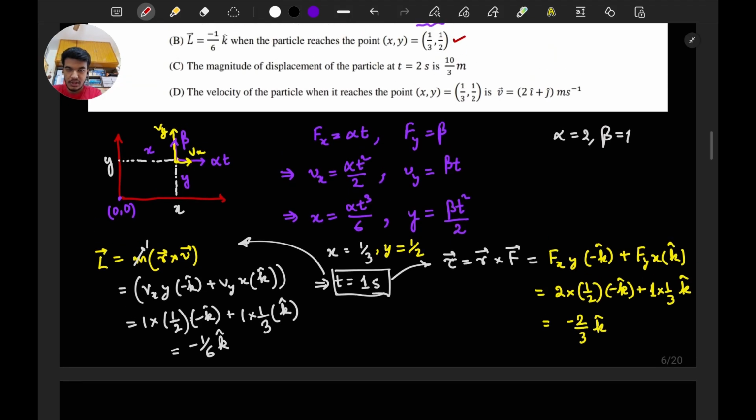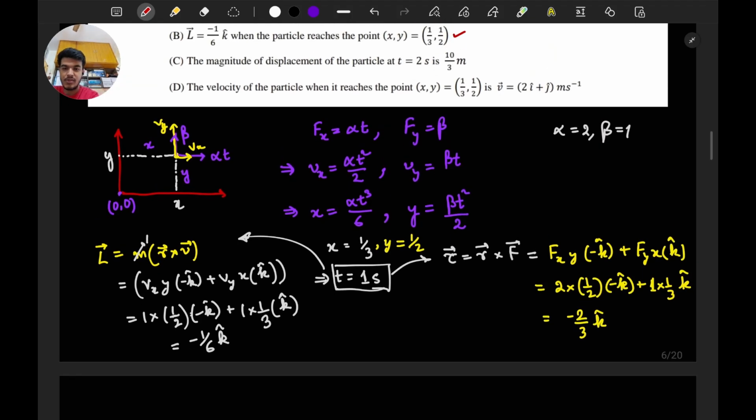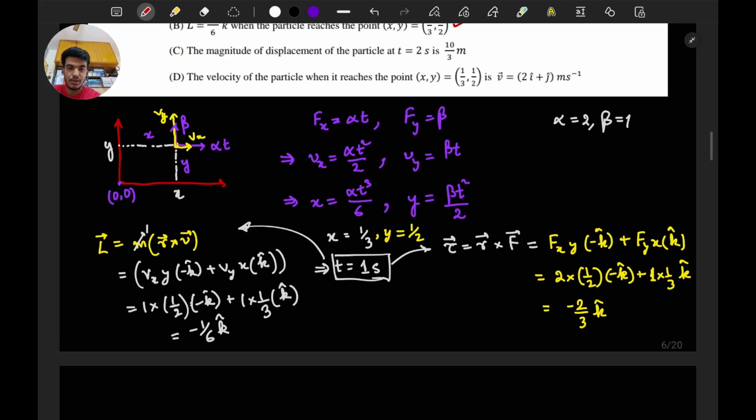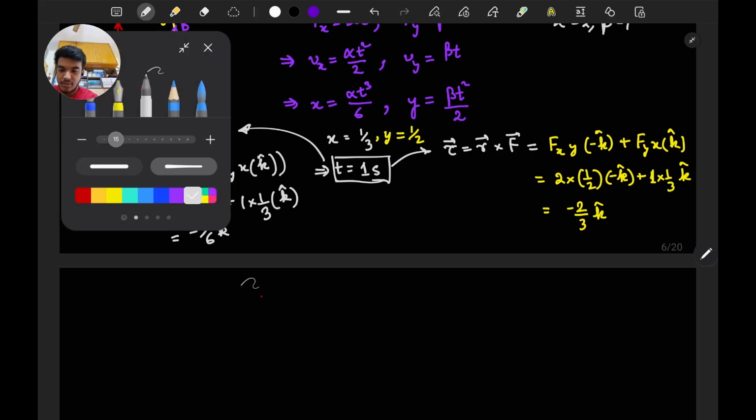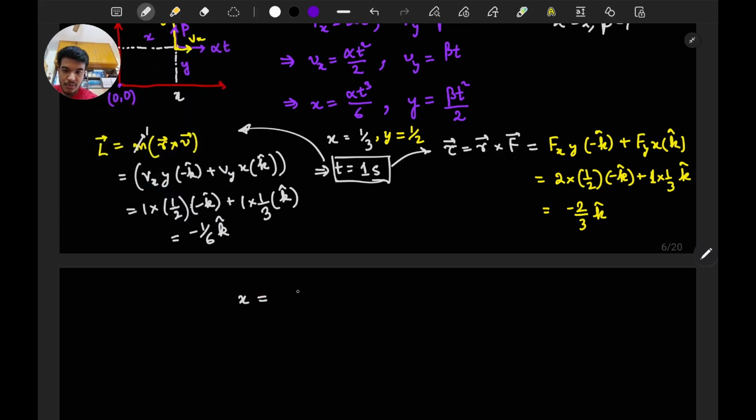So let us move on to the next option, which is the magnitude of displacement of the particle at t equal to 2 seconds. At t equal to 2 seconds, we can easily find out my x would be alpha t cube by 6, so it would be 2 into 2 cube by 6, which is basically 8 by 3, and y would be beta is 1, 2 square by 2, so it would be 2.